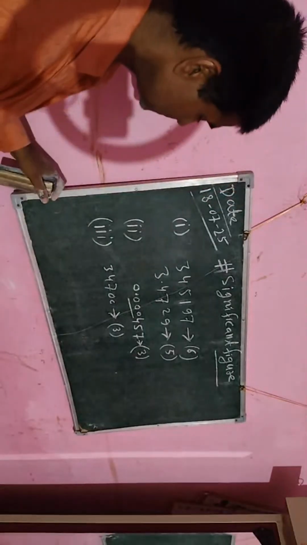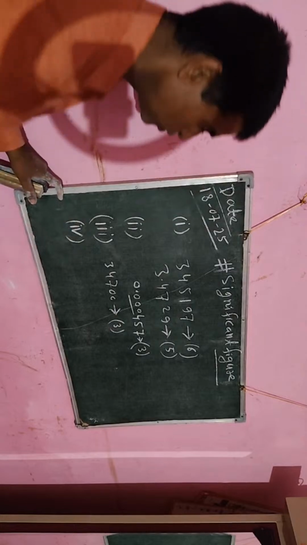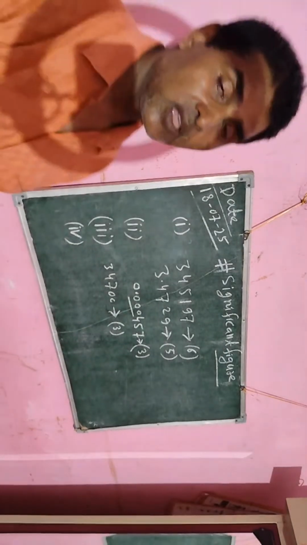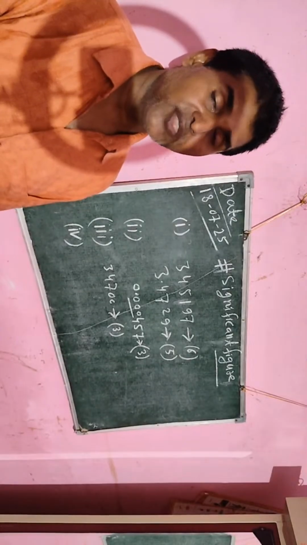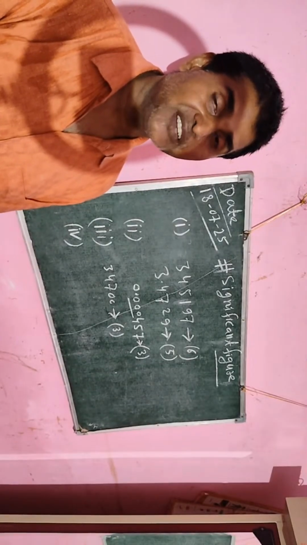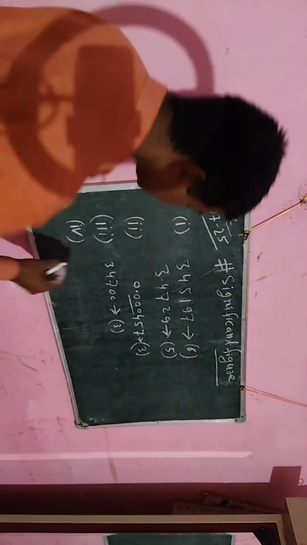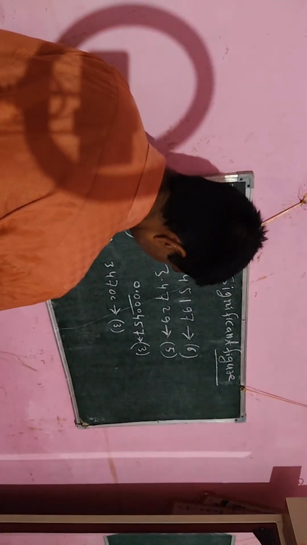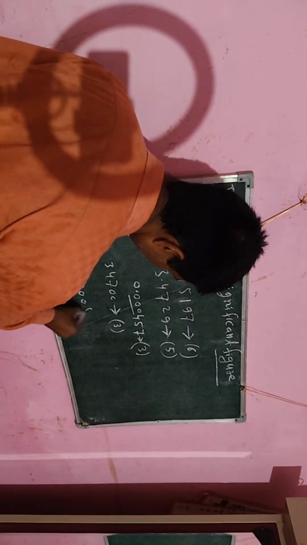Similarly, I will explain the fourth concept. If a zero is available between non-zero values, that zero is considered a significant value. Suppose in this case I write 4, 7, 9, 0, 0, 5, 2.